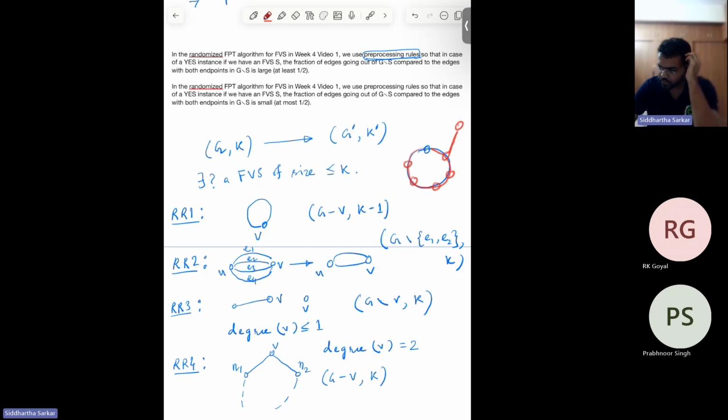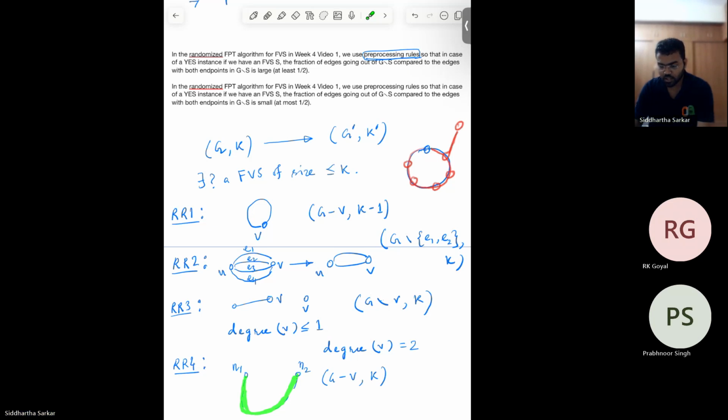So as soon as you delete V, what happens is you lose the edges which are incident to V. So even if there was a cycle, so let us say there was this other path between N1 and N2, then you wouldn't in the future think that there was a cycle here, because as soon as you have deleted V, the fact that there was a cycle containing V is lost.